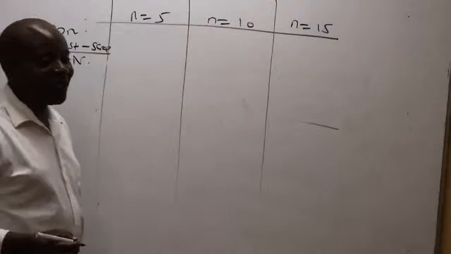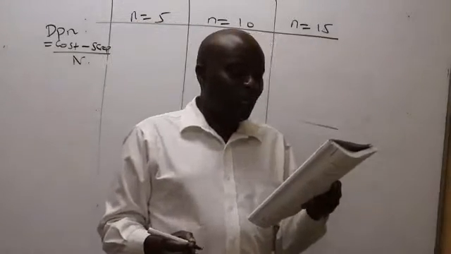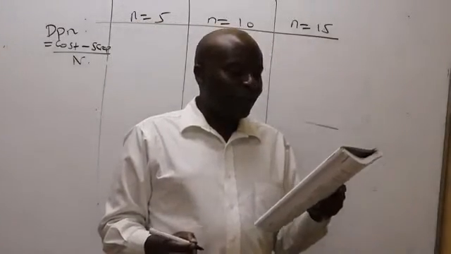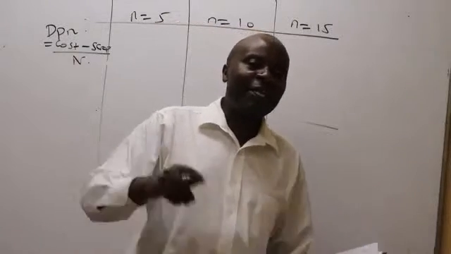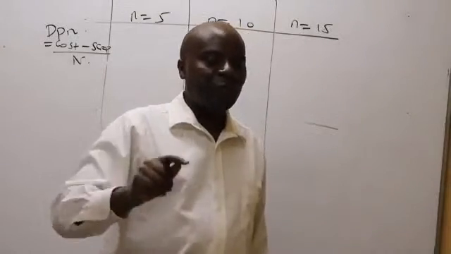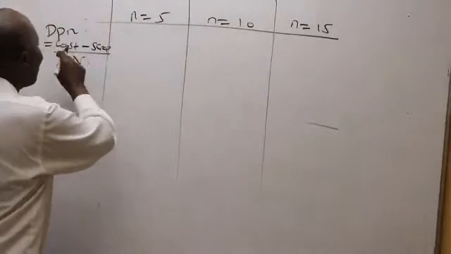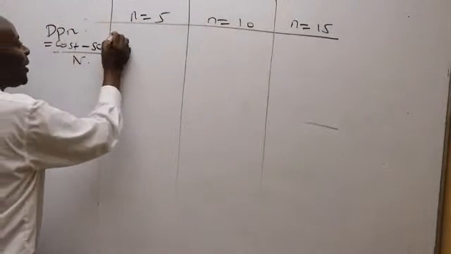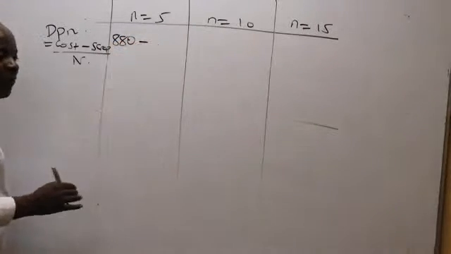I would want to calculate depreciation simply because there is a place where they have told me down there that the company is in the 30% tax bracket. So whenever I see tax, I know that depreciation is relevant. Depreciation must always be computed. So the cost, remember here, I'm taking the total cost, which is 880, minus the scrap value.